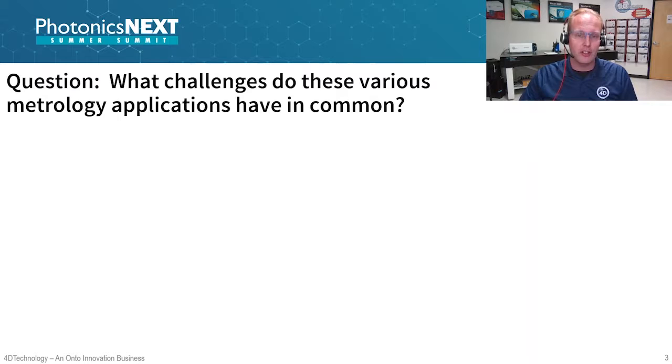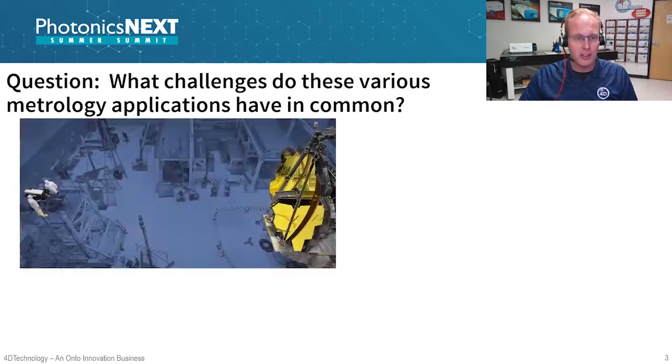So one question I have for you: what challenges do the following metrology applications I'm going to show have in common? First, we'll start here with a slide. You can see we've got the James Webb Space Telescope there on the right, and a couple of engineers up on scaffolding multiple meters away with an interferometer across the room in a clean room to measure.